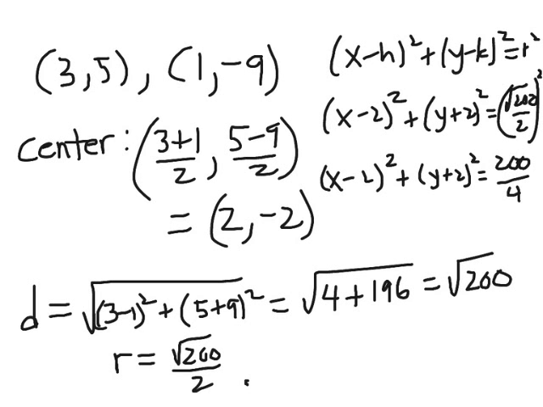So, final answer: (x − 2)² + (y + 2)² = 50. Alright, so there's where our distance formula and our midpoint formula come in. They are used in conjunction with circles a lot.